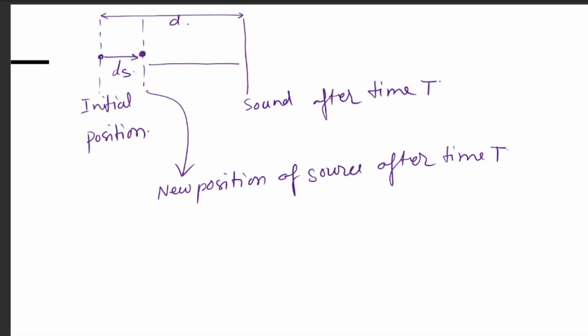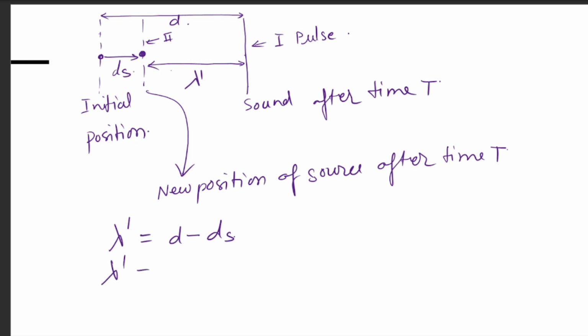So what is the new wavelength, or you can say the distance between the current position of the source and the first pulse? This is the first pulse, if you remember, and this is the second pulse. This distance between the second pulse and the first pulse is called lambda dash, and we can find lambda dash by using the formula which we just found in the last slide, which is lambda dash is equal to d minus ds.